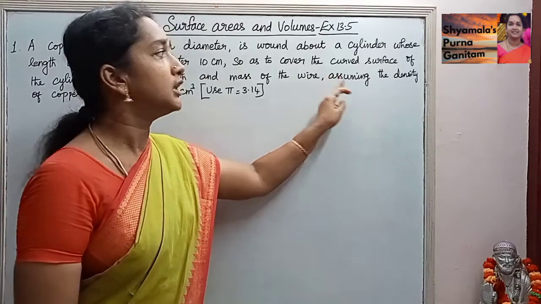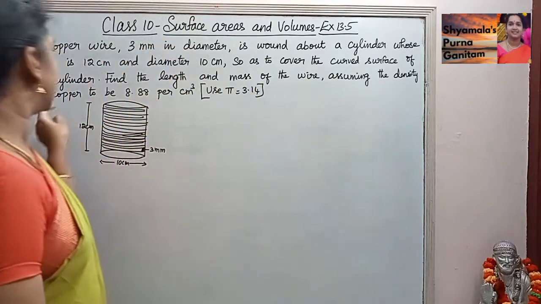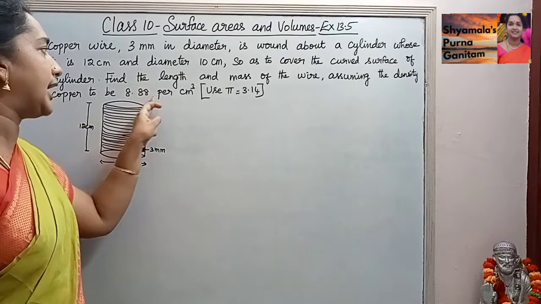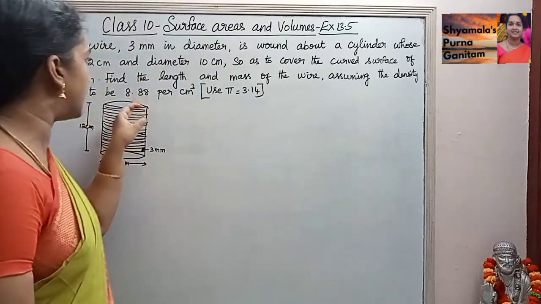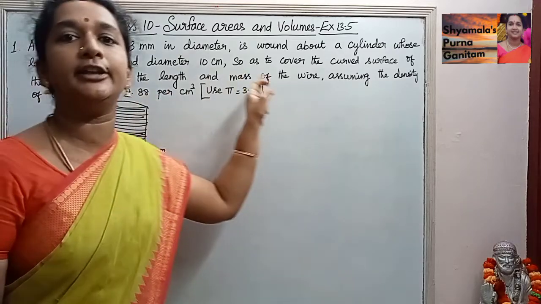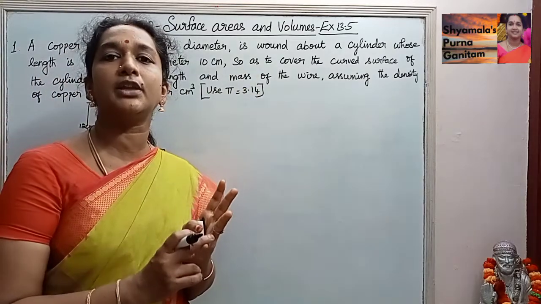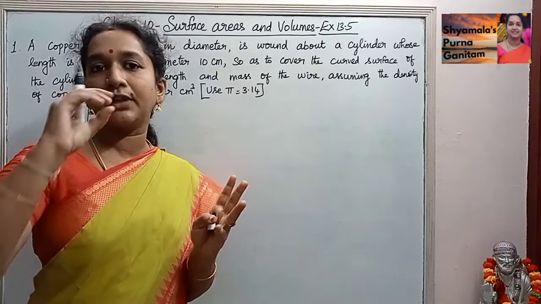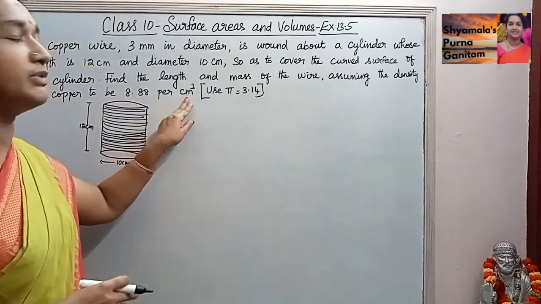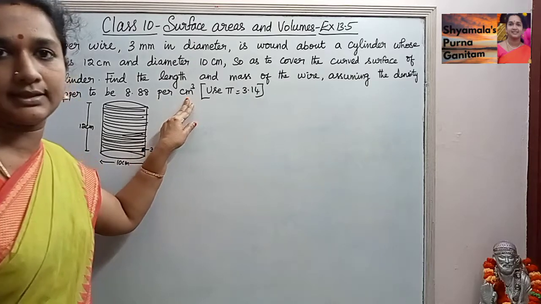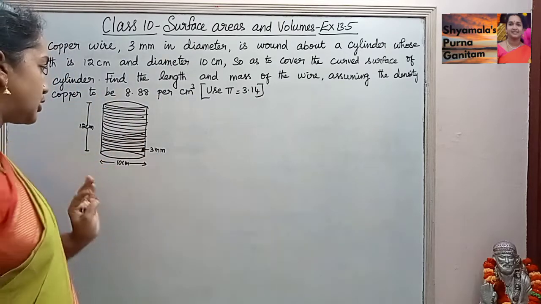The density of copper is 8.88 per centimeter cube, so we will find the volume of the wire and multiply it by 8.88 to get the mass.